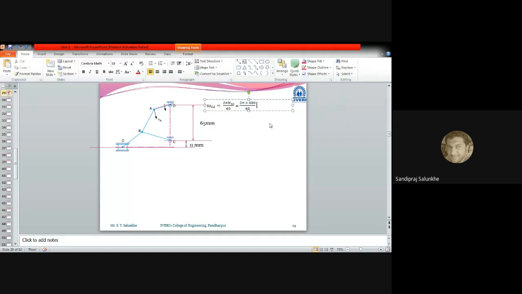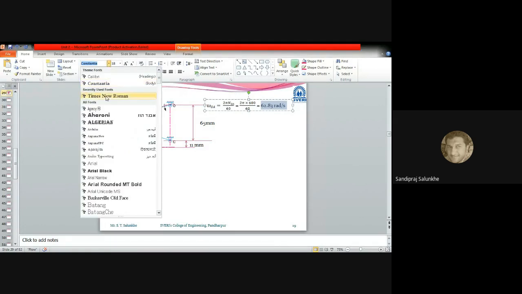What value are you getting? Can you calculate it? I will calculate with you. 62.83. 62.83 radian per second. So the angular velocity of link OA we have calculated as 62.83 radian per second.